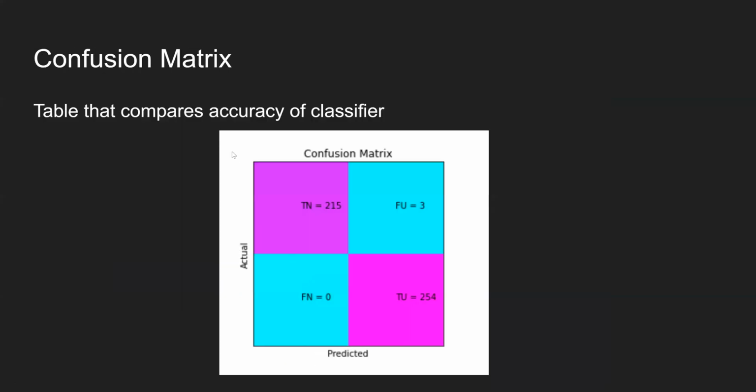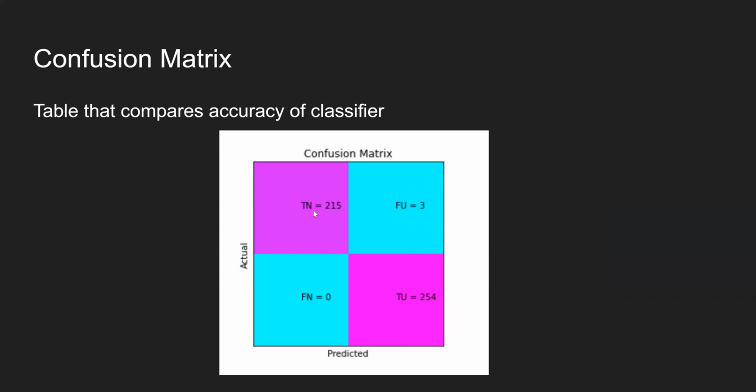So the confusion matrix. This is a table that compares the accuracy of a classifier. It separates the true positives, the false positives, true negatives, and the false negatives. In this case, we displayed the actual data versus the predicted data.